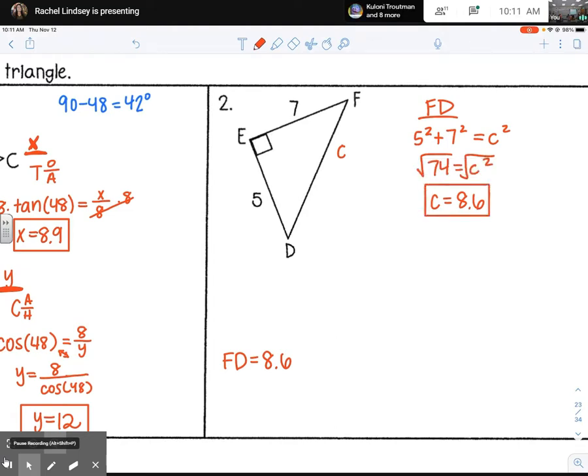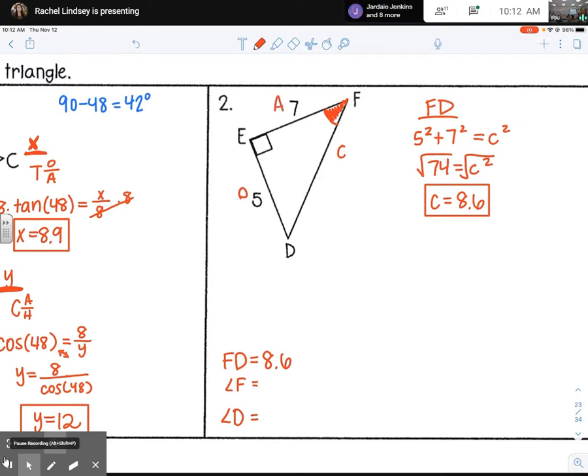Okay. Then I found FD, now I need to find angle F, and I need to find angle D. So which one do you want to find first, F or D? Okay. So we're gonna find angle F. So if we're finding angle F, what would 5 be? Opposite, adjacent, or hypotenuse? Opposite. And then 7, what would it be? Adjacent.